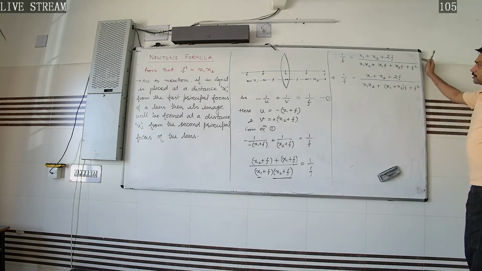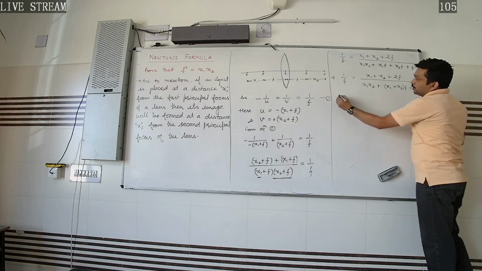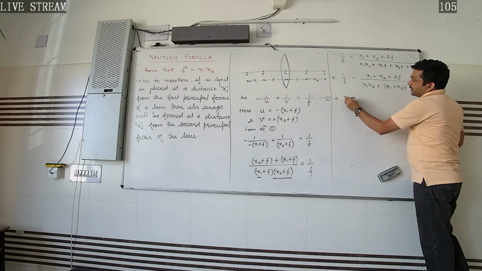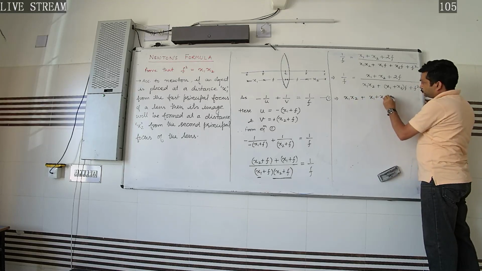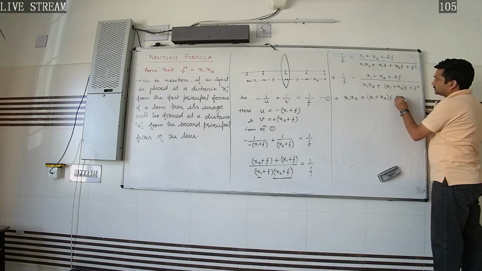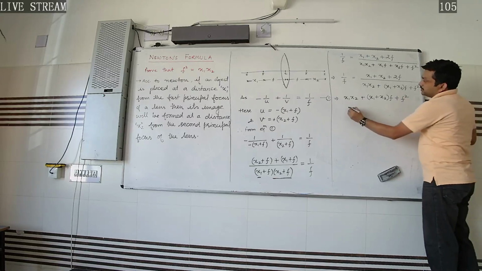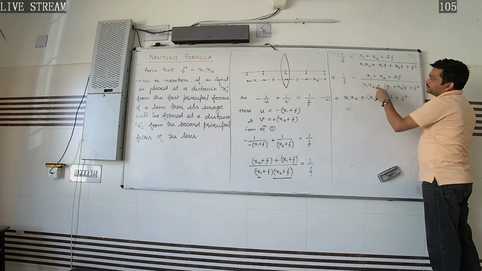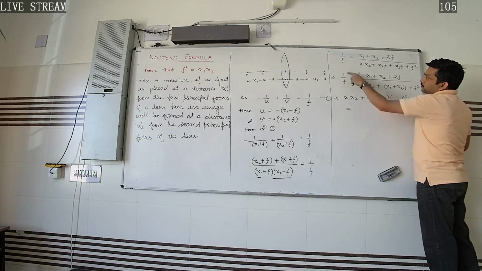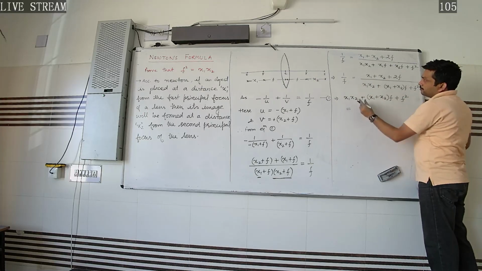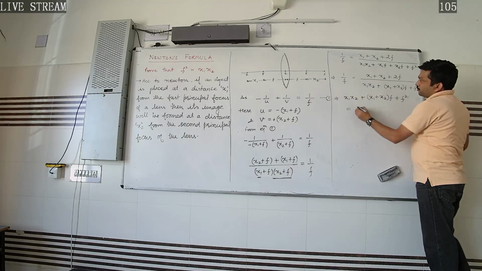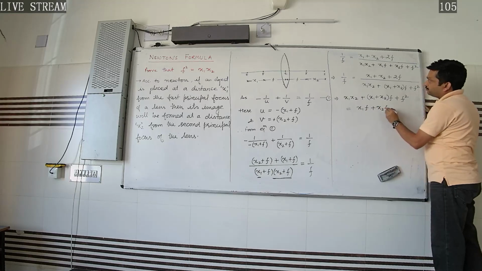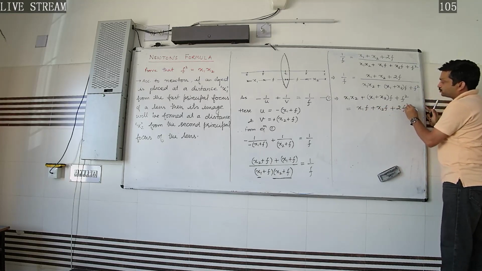Now we will do the cross multiplication, which implies x1 x2 plus x1 plus x2 into f plus f square is equals to, on multiplying the whole term by f, what we get, x1f plus x2f plus 2f square.